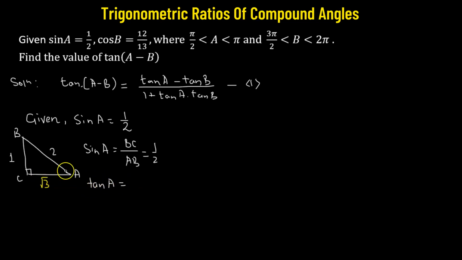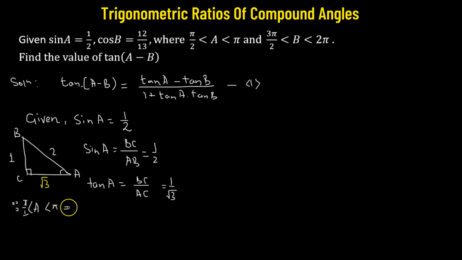Now tangent of this particular angle A is the ratio of the perpendicular BC to the base AC. So BC is 1, and AC is square root of 3. So we have tangent of A as 1 over square root of 3. But we'll have to be careful about the sign. Here it's given that angle A lies between pi over 2 and pi radians.